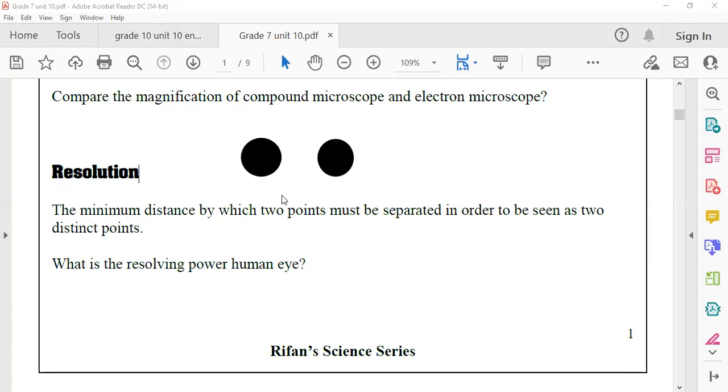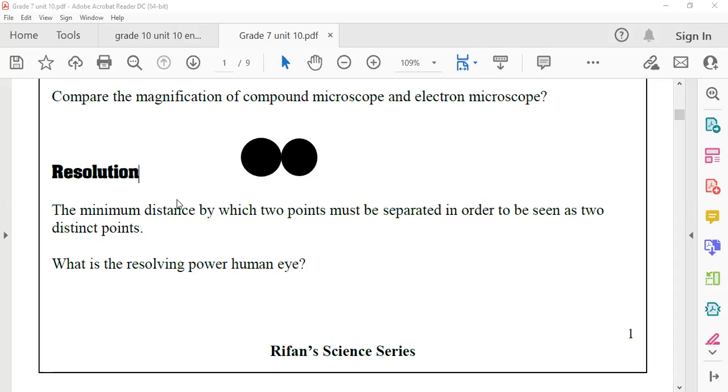Yes, sir. I bring it nearer. Can you see there's a space now? Yes, sir. If I bring it further and further, can you see there's a space now? No, sir. Actually, there's a space, but you can't see that.